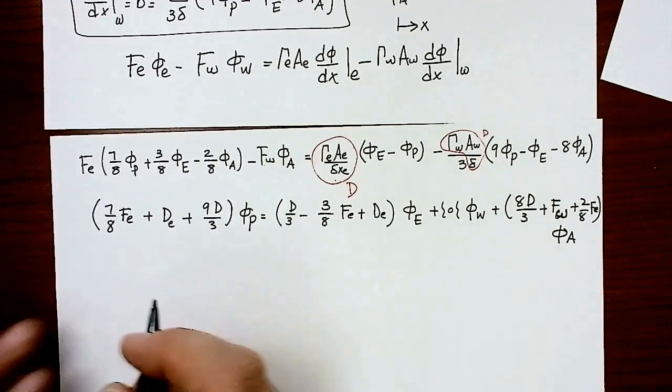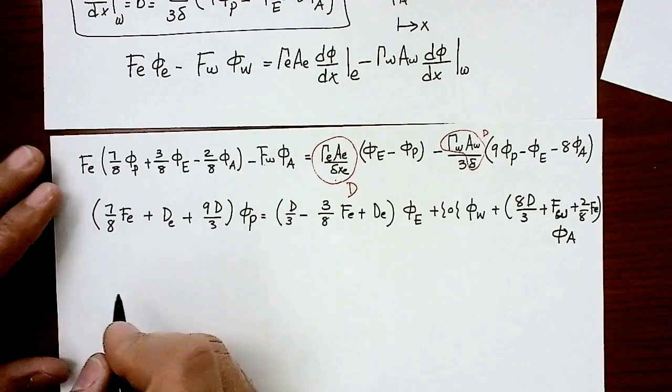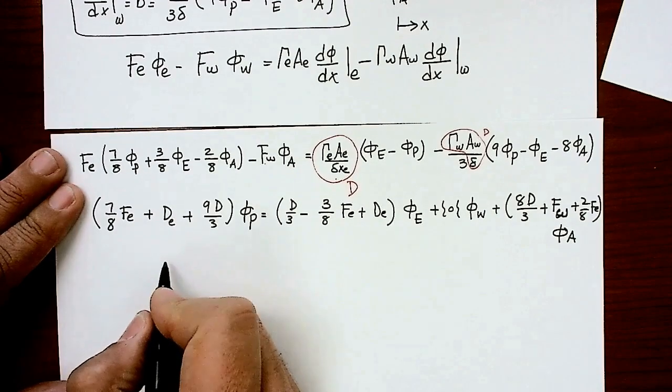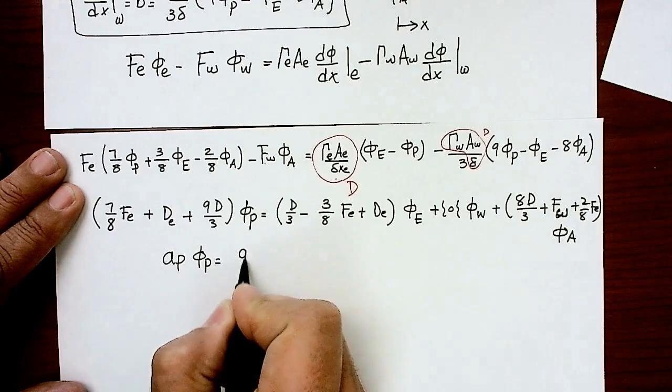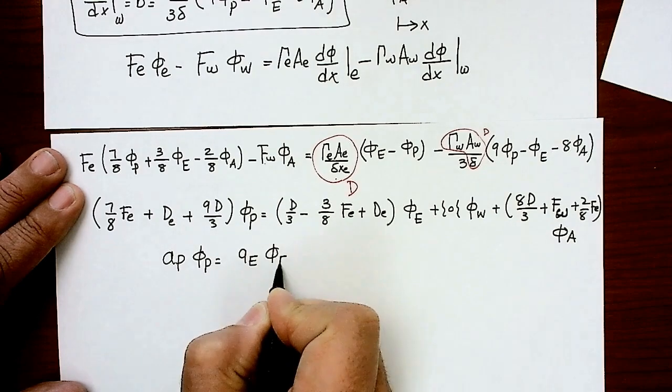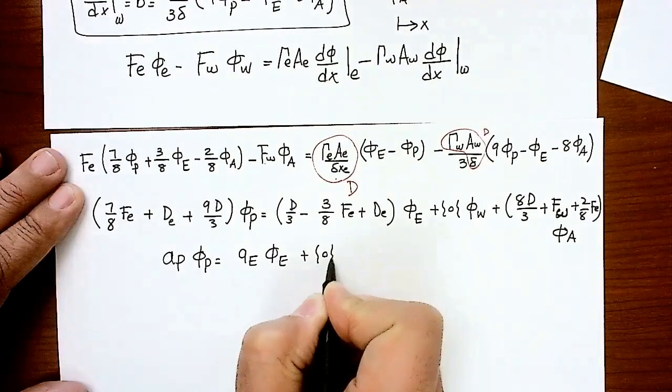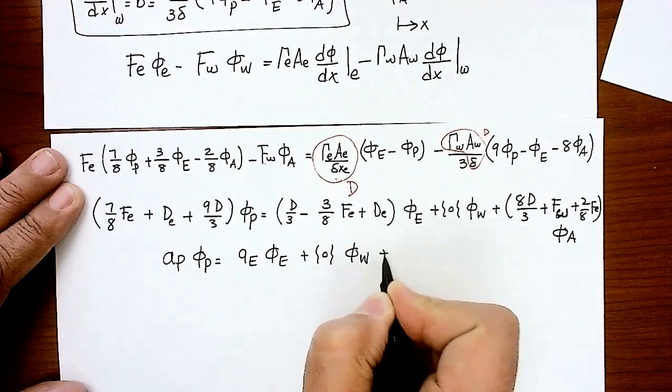This is the equation I end up having: AP phi P equal A east phi east plus 0 phi west plus SU.